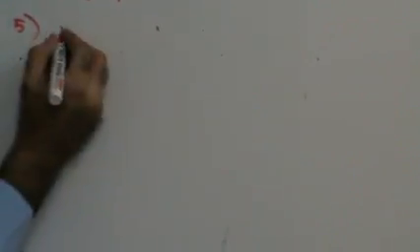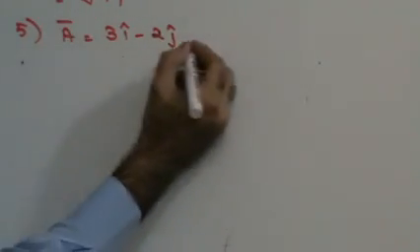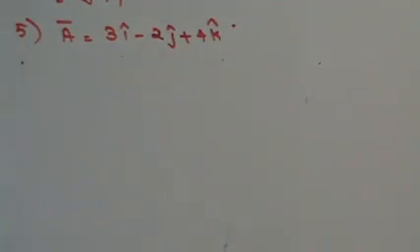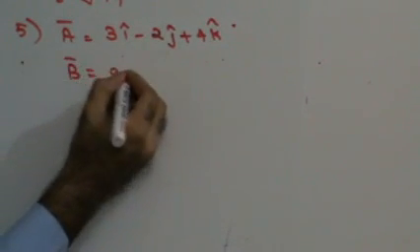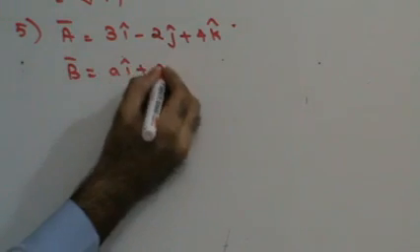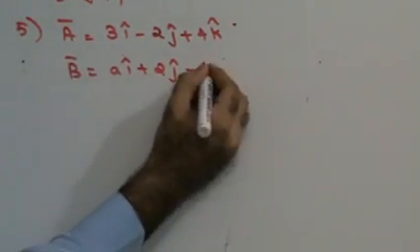If A vector, which is equal to 3i vector minus 2j vector plus 4k vector, and B vector, which is equal to a i vector plus 2j vector minus k vector, are perpendicular to each other, find small a.